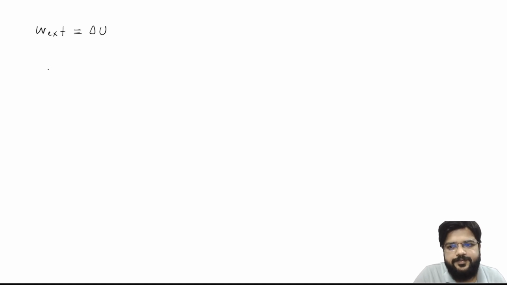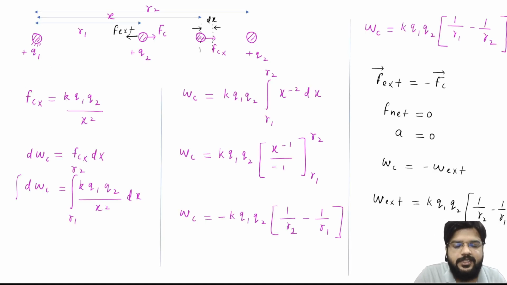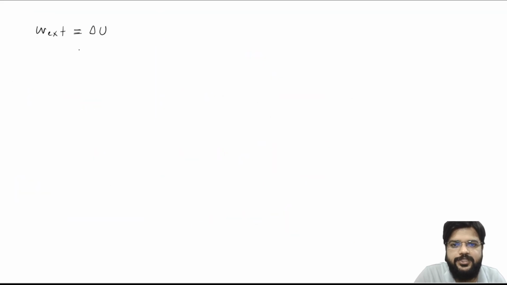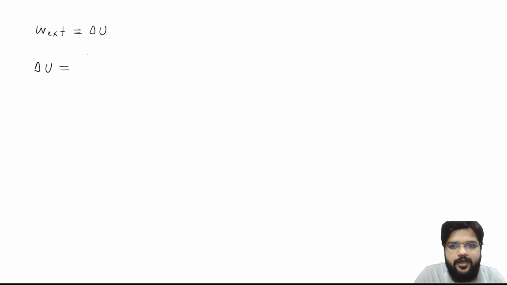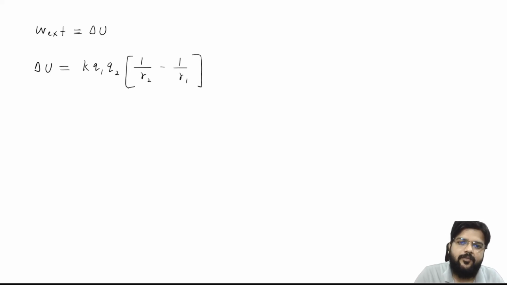Okay, this thing we know. Now the next thing is, because we are looking for the change in potential energy, can I write del U is equal to K Q1 Q2 times 1 by R2 minus 1 by R1. Correct? This thing we have.